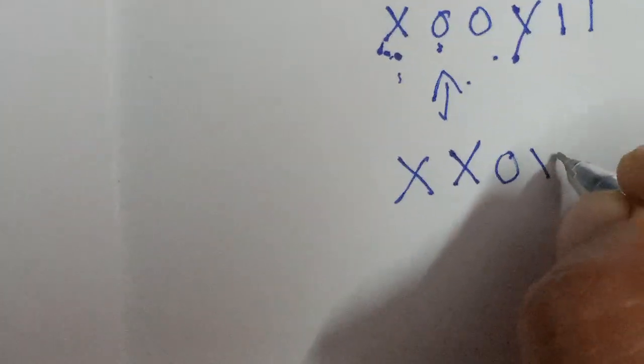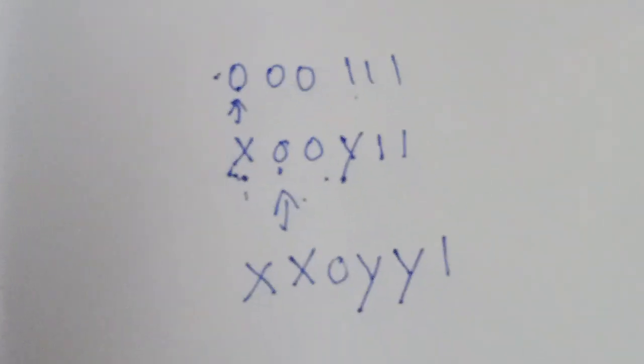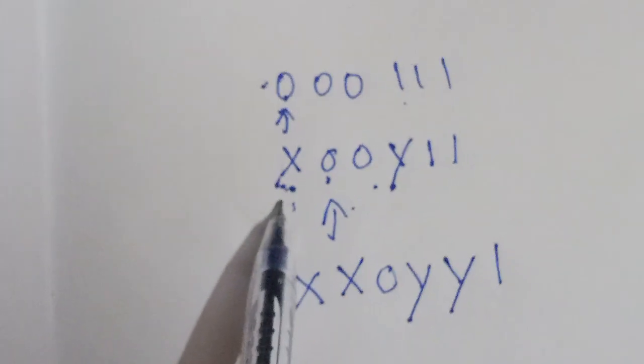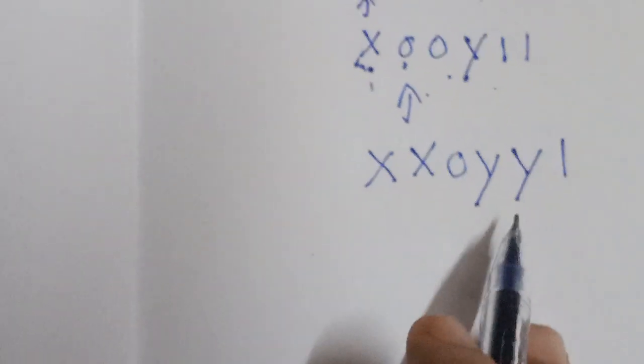Again the head keeps moving, and whenever it reaches 1, it is replaced with y. By seeing this we can tell 1x, 1y, 2x, 2y. Whenever I have replaced 1 with y, the head should move to the left. When it reaches x, then move to the right. Then when we read 0, it is replaced with x. Then y is replaced with y, y is replaced with y.